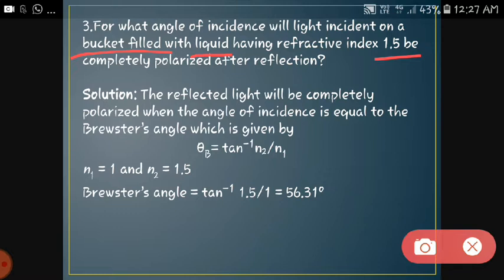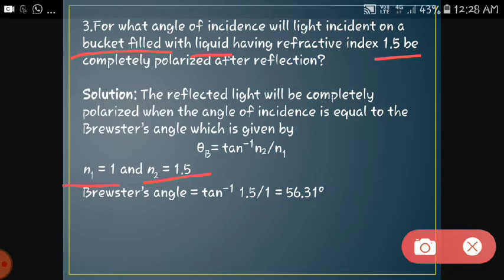A bucket is there which is full of liquid and the refractive index of that is 1.5. The second medium is air, so it has refractive index obviously 1, and the other is 1.5, which is given. So when a ray is incident on it, it will undergo reflection. Alright, so by what angle will the bucket full of liquid be completely polarized?